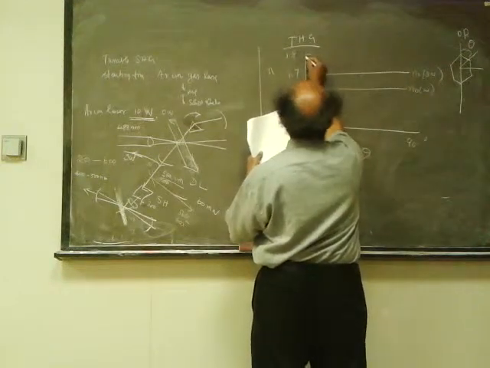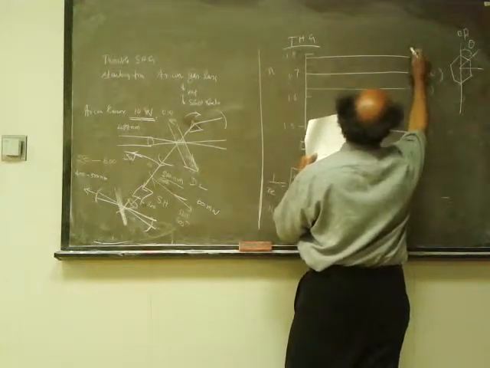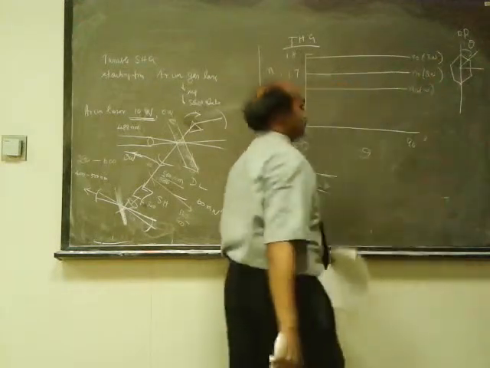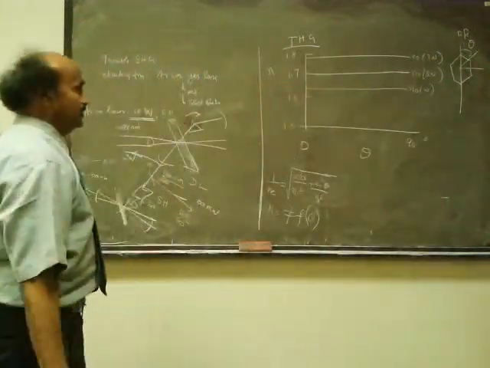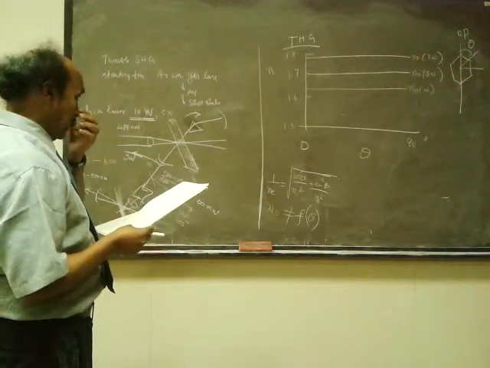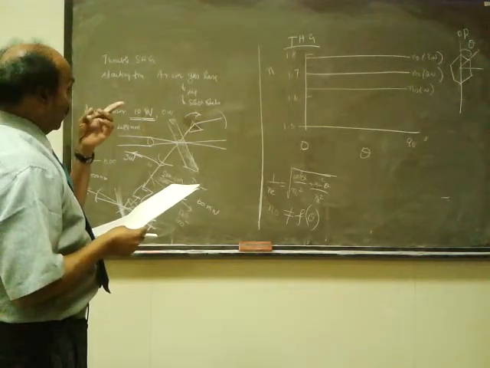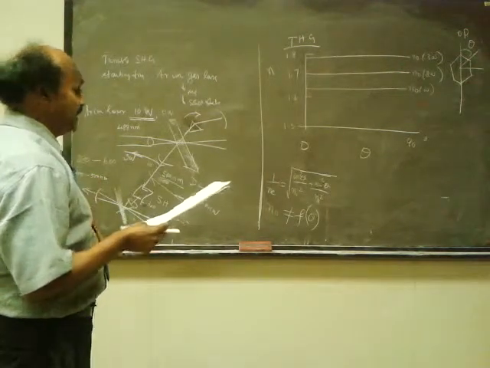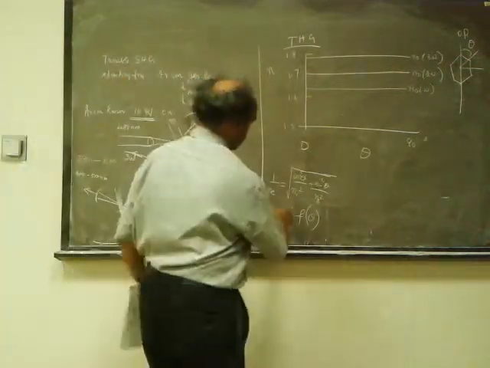Then this should be something like N_O, 3 omega. It will be a straight line only for the O ray. For the E ray, it will depend on the theta.